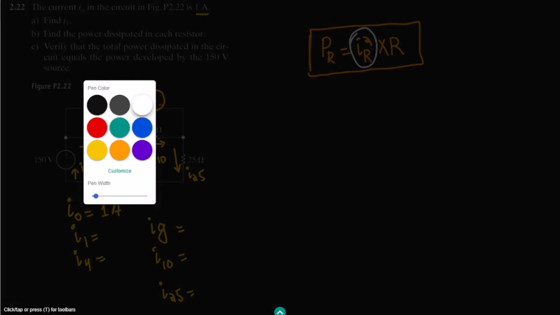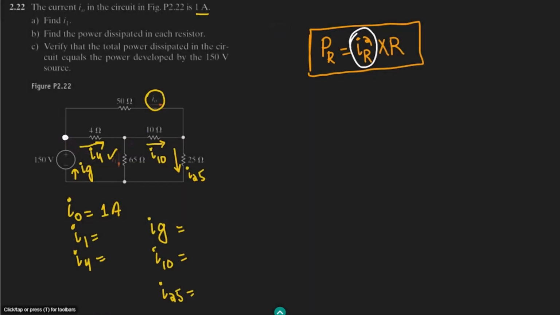First of all, we can see that the voltage here is 150 volts if we consider this one as the ground, which is at 0 volt. Let me call the voltage at this point VB, and the voltage here VA.